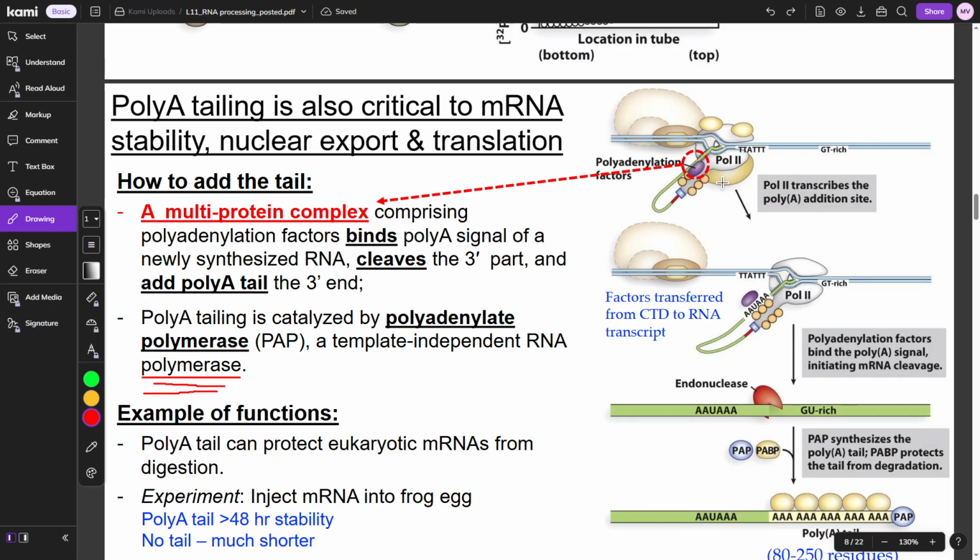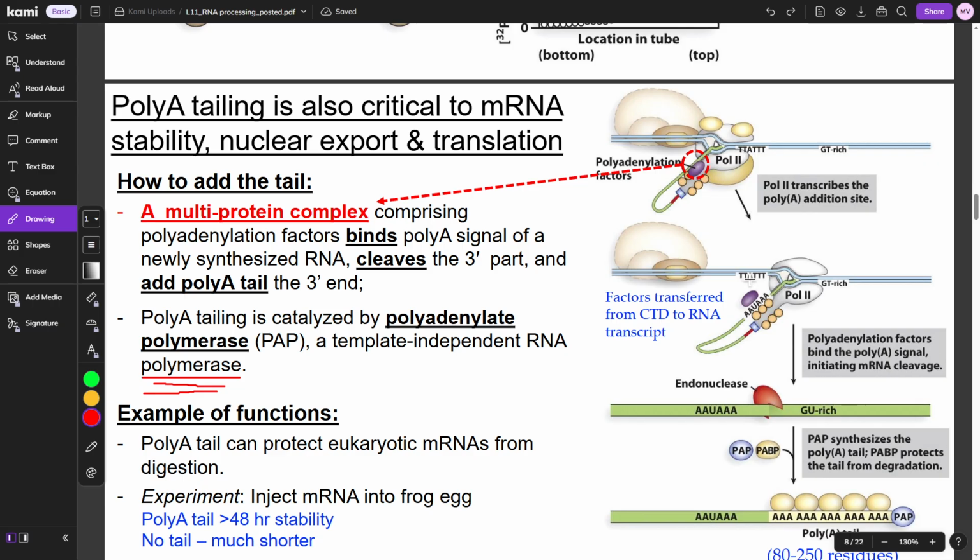So basically, polymerase 2, the RNA polymerase, is going to transcribe the RNA, and then it's going to run into this AAA sequence, and this multi-protein complex is able to bind to that, right?